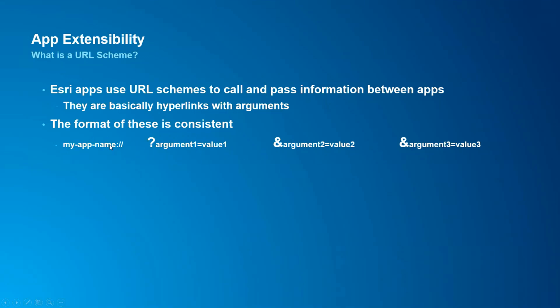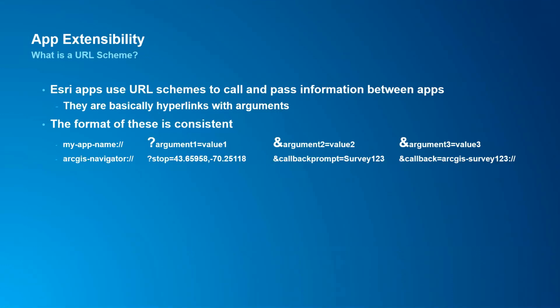So what you have to have is the app name followed by a question mark, followed by your first argument and value, and then for any subsequent arguments you use an ampersand and then populate the different arguments and values. So for example, if we're looking to launch Navigator, we use this ArcGIS Navigator format to launch Navigator.